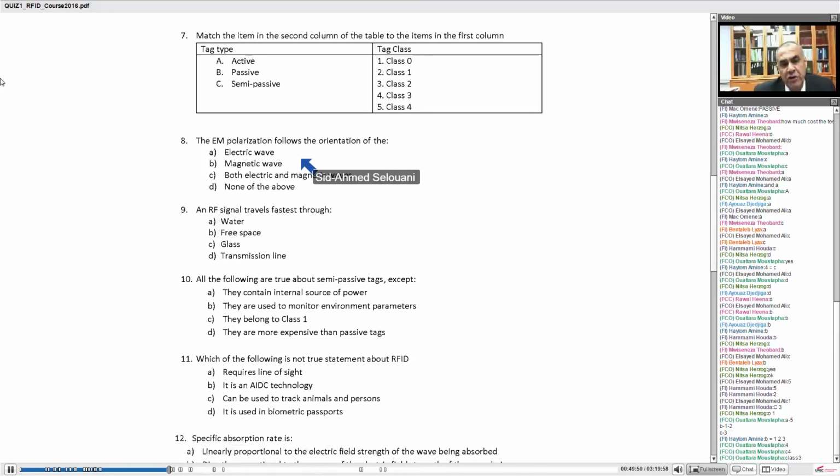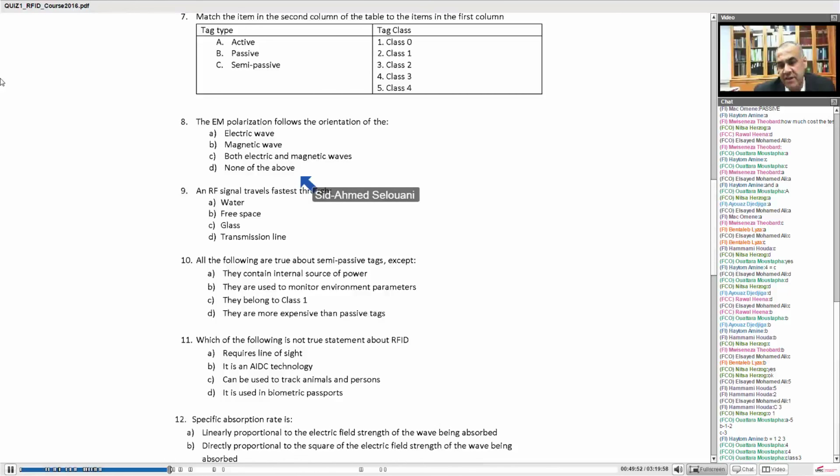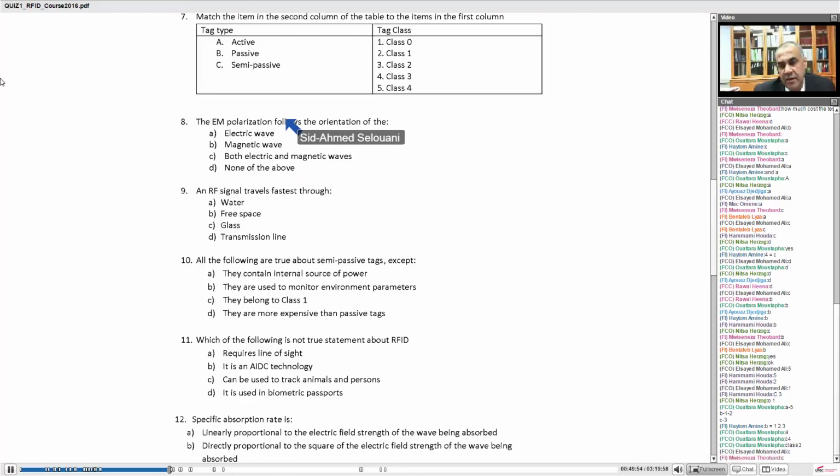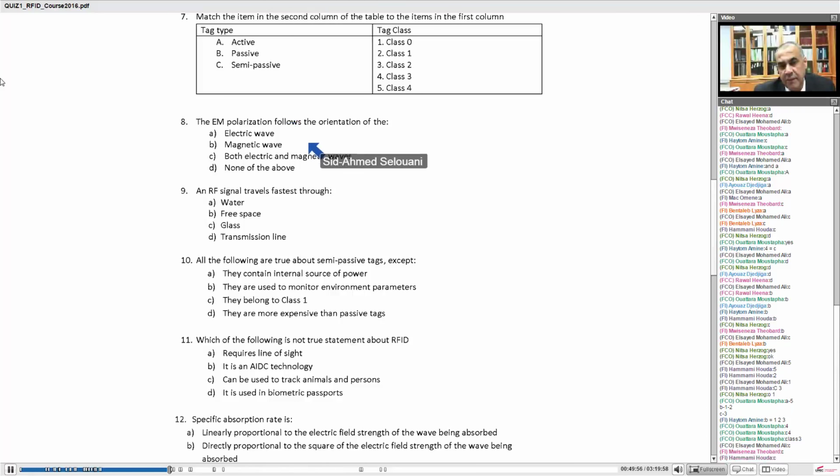The electromagnetic polarization follows the orientation of which of these waves? I told this verbally.